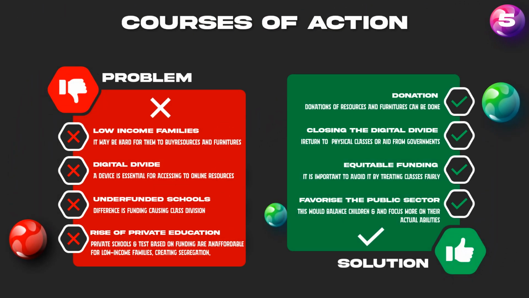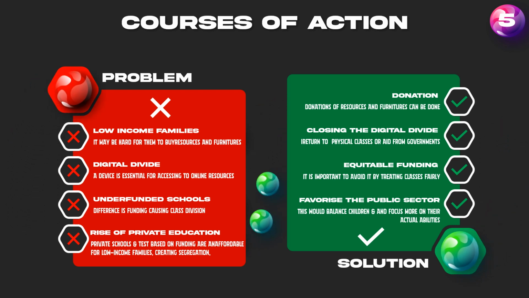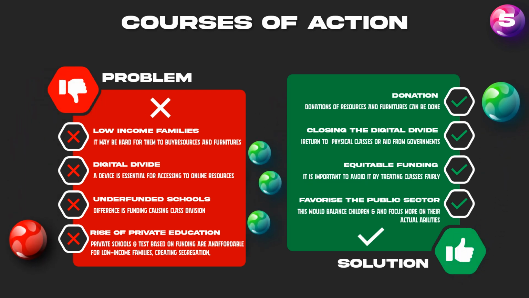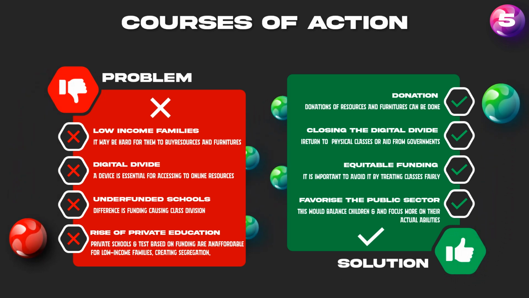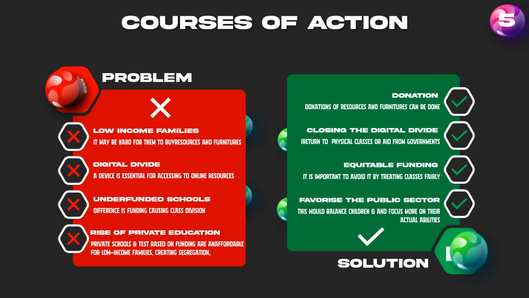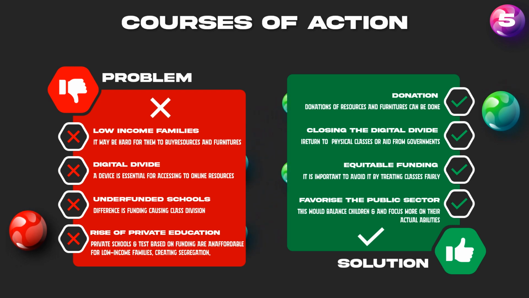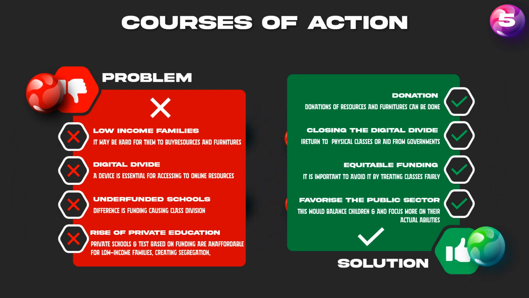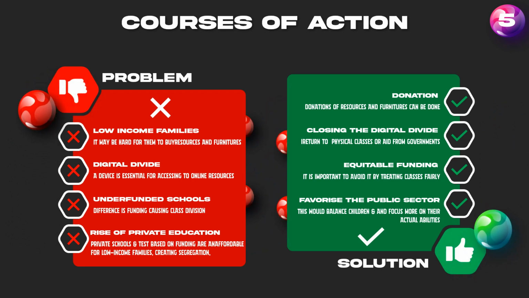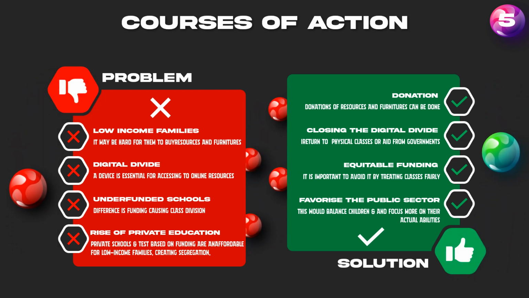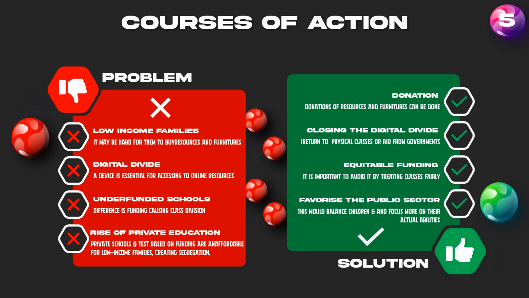Now that you know all the inequalities that exist in education, you might ask yourself if there is a way to reduce them. Well, by giving access to educational resources and furniture to low-income families in need. Another course of action would be to close the digital divide by returning to physical classes, for example.